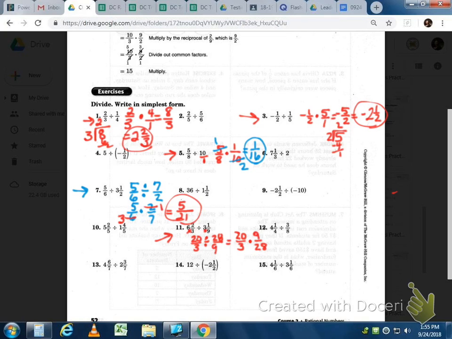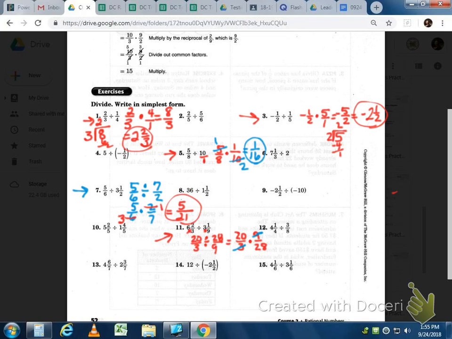What are we going to try to cancel out? There might be a couple of things I think that you can see to cancel out. So what are you thinking? Three with, right, we can divide both of those by 3.